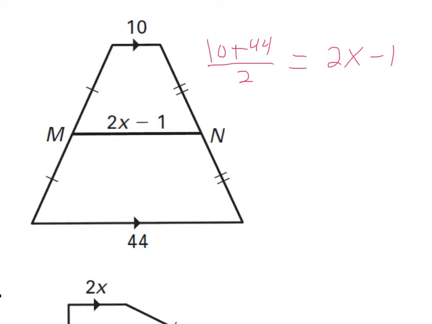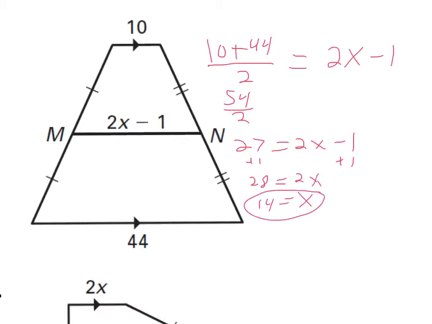I can add together the 10 and the 44, and you get 54. And I can divide that by 2, and you get 27, so I would do that. I'll add 1 to both sides, and we get 28. And then divide by 2, and so in this case, x equals 14.